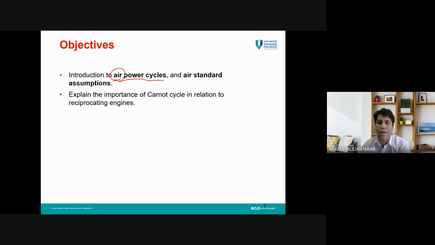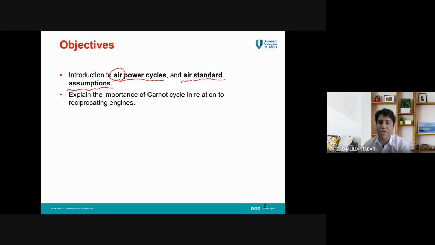Air power cycle means the working fluid for this type of cycle is air, and also we will introduce air standard assumptions. These are important assumptions. If you remember in thermodynamics, we had some assumptions to solve different problems.